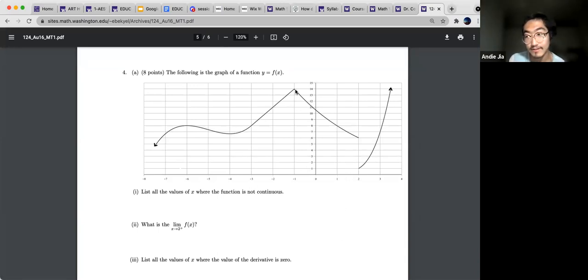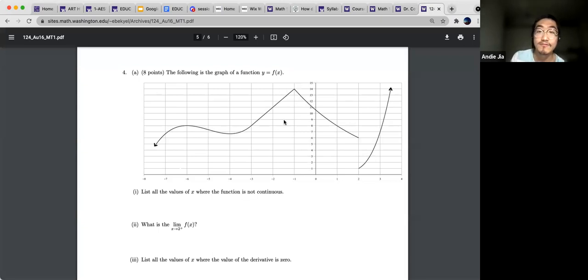Differentiability is about whether the derivatives at two points are the same, while continuity is about whether the two-sided limits are equal or not. So a function may be continuous but not differentiable.